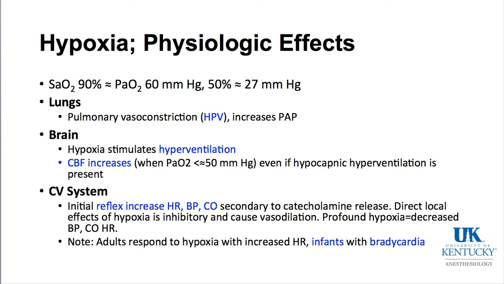In the brain, as you get hypoxic, it will stimulate hyperventilation. And interestingly, oxygen has very little effect on cerebral blood flow until the PaO2 gets down into a very low level, approximately 50. Remember that brain blood flow is mainly dependent on CO2 levels.